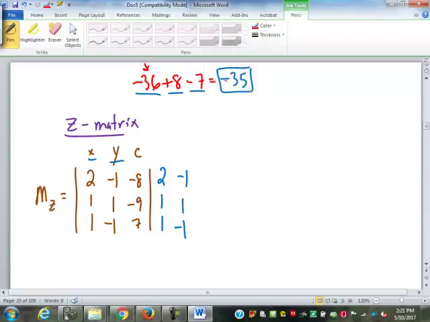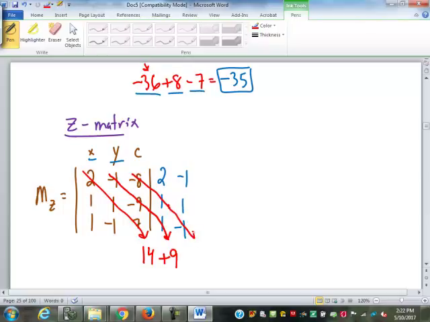Let's do the down diagonals. 2 times 1? 2. And 2 times 7? 14, good. Negative 1 times negative 9? Positive 9. And 9 times 1, positive 9. Negative 8 times 1, negative 8.